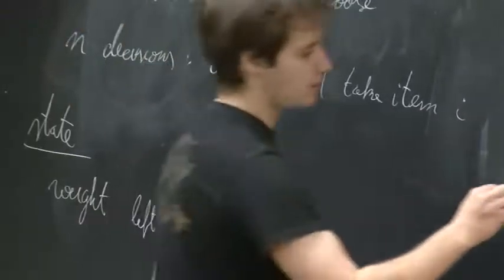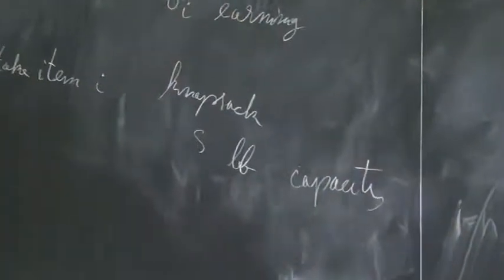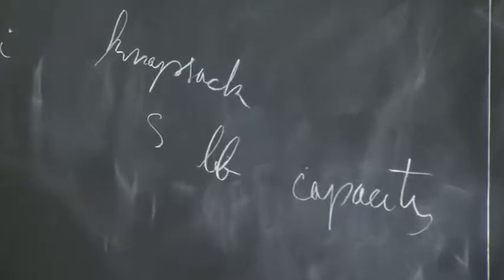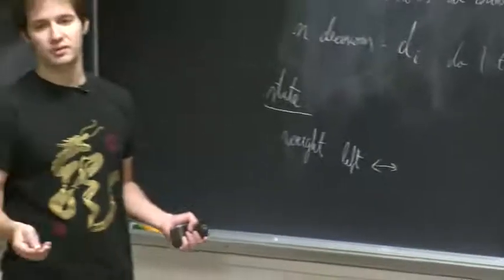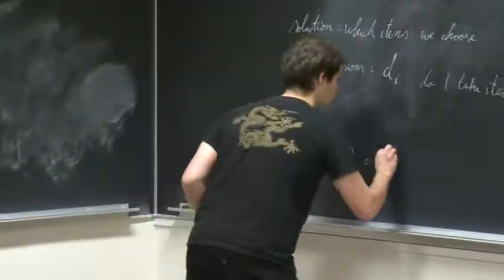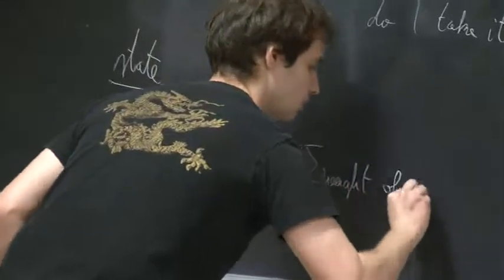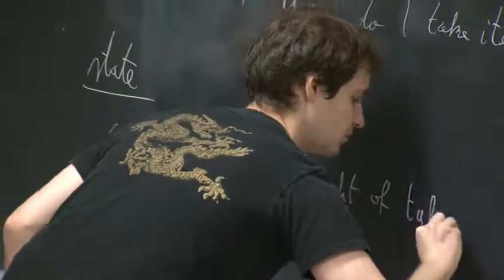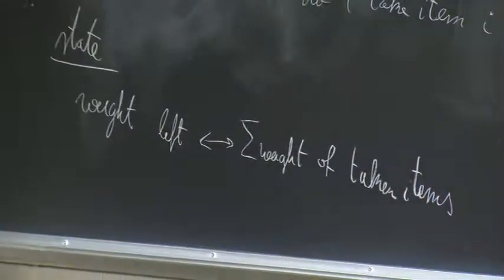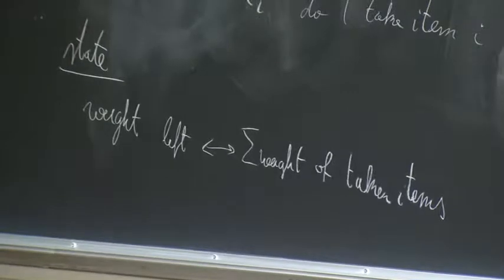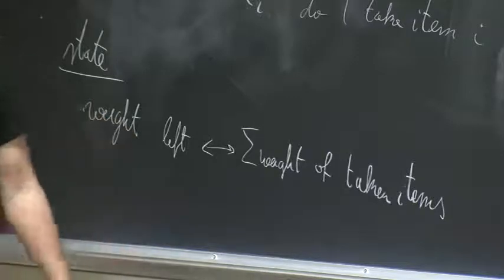So S pounds is the capacity: how much weight is left in my backpack's capacity. And this is equivalent to how much weight I have accumulated, the total weight of the items I have taken so far, the sum of the weights of the taken items.